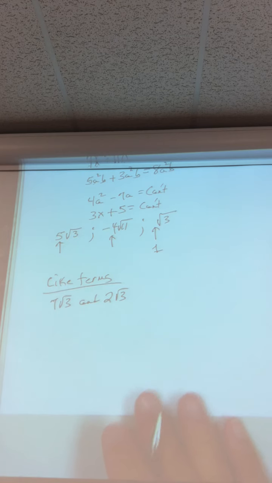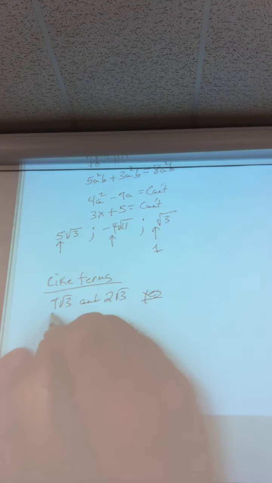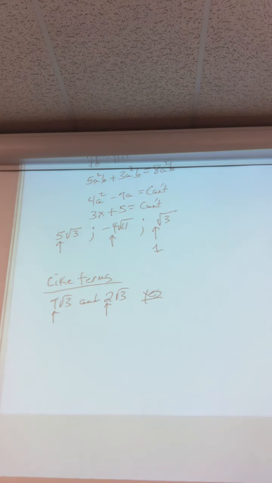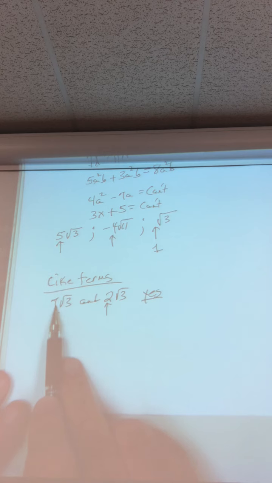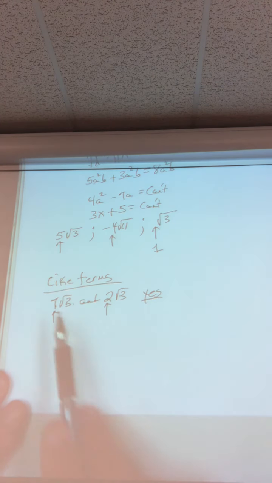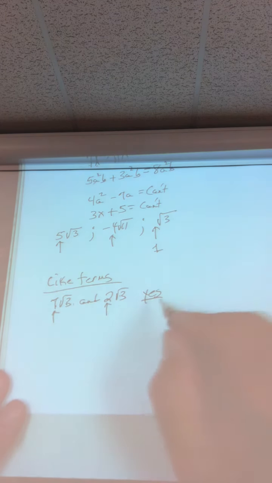Are these like terms? Yes. Why? Because there's their coefficient, 7 and 2. What's behind this coefficient? Square root of 3. What's behind this coefficient? Square root of 3. Yes. Then those are like terms.